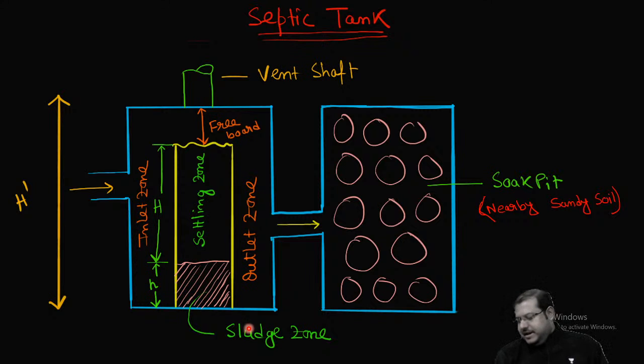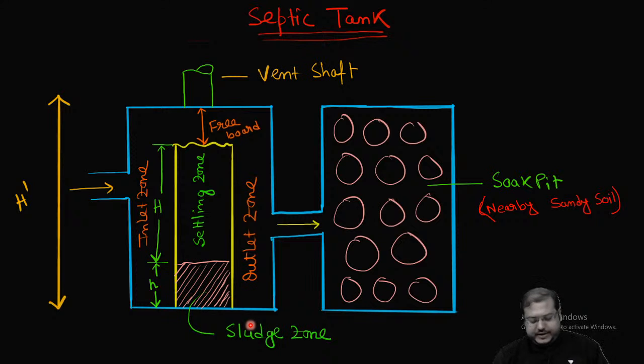We have discussed yesterday in the class sludge digestion process, we have seen that in the sludge digestion process, certain anaerobic gases like methane, ammonia, H2S gases will get evolved.